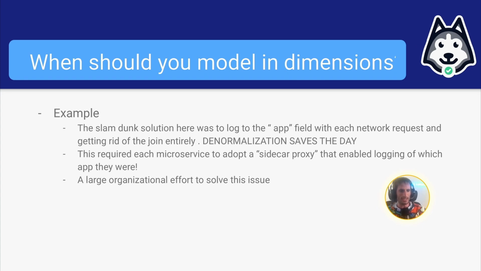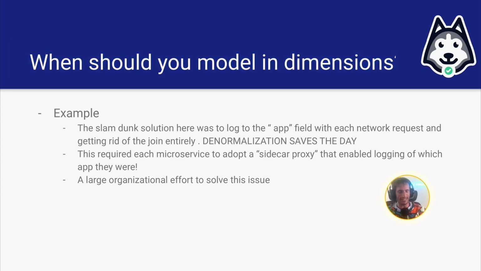What we needed was, instead of doing that, we needed all of the apps to just log their app. Every time that a network request happened, we just needed to log which app it was receiving. So instead of having to do this join, the app would just be in the network request data itself.